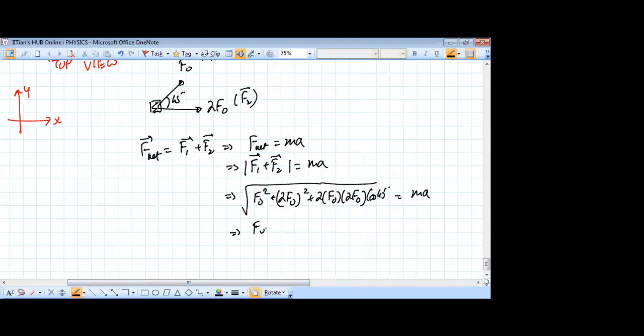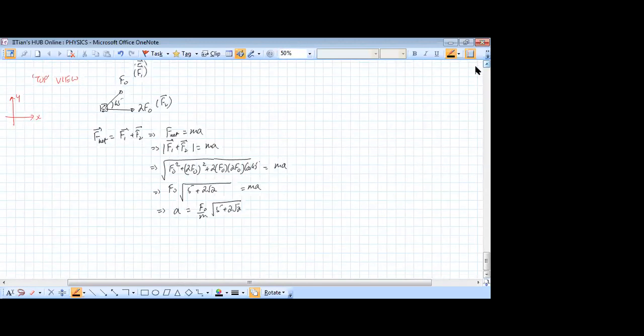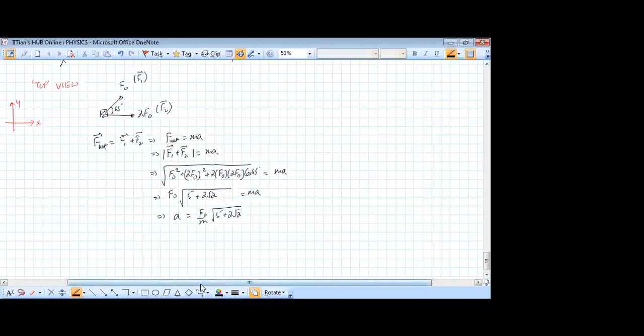If you take F naught common here, you will get 5 plus 2 root 2, equal to m. So your acceleration should have a magnitude of F naught by m square root of 5 plus 2 root 2. And you do an approximate calculation of this, you will get the answer, which is given. So this is nothing but your triangle law.